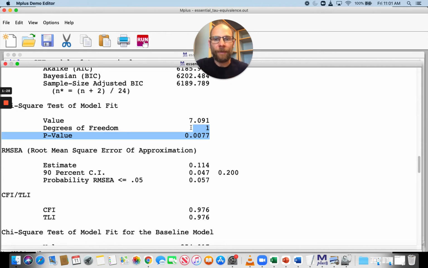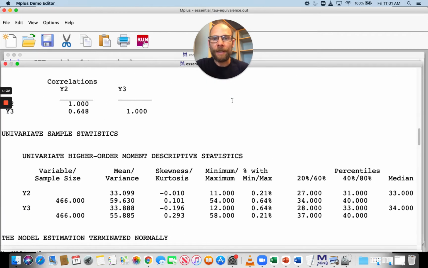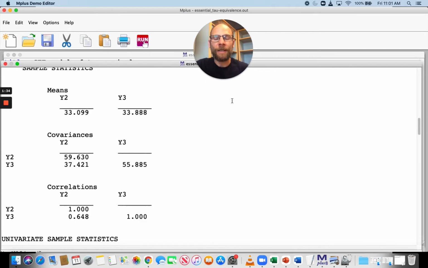So why does it happen that a model of tau equivalence doesn't fit? In this case, it's pretty clear because we have just two variables, and so the only reason why the model of tau equivalence here could fail is if the two variables had different means. You can see that in this example, the mean of the test score variable y2 is somewhat lower than the mean of the test score variable y3 by about 1 point.